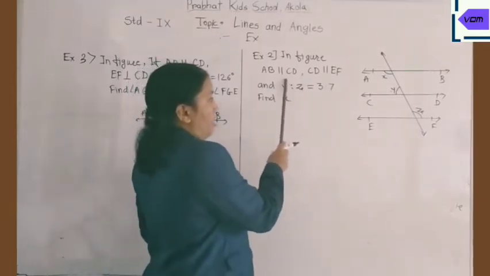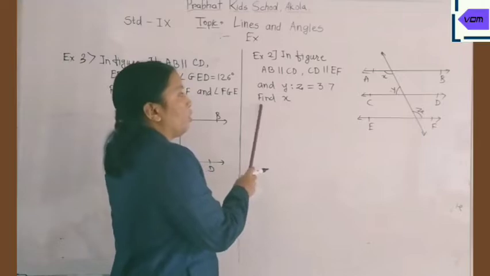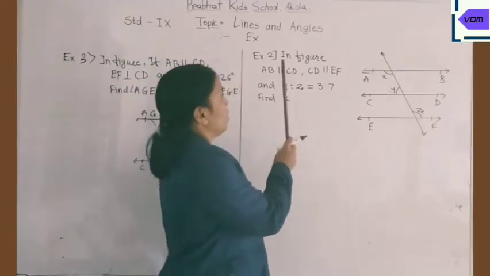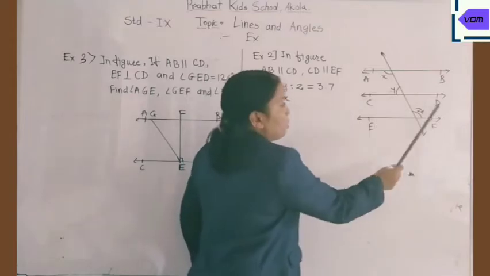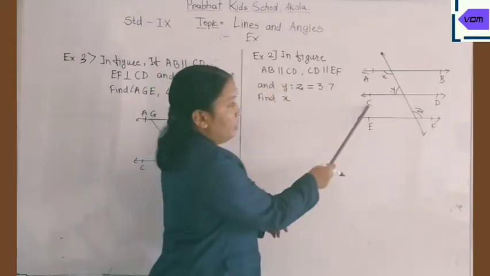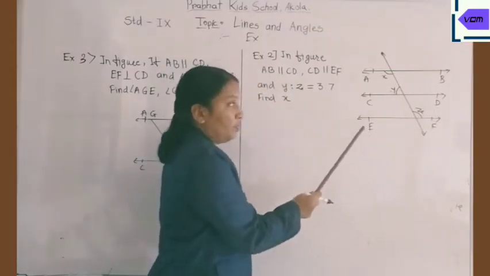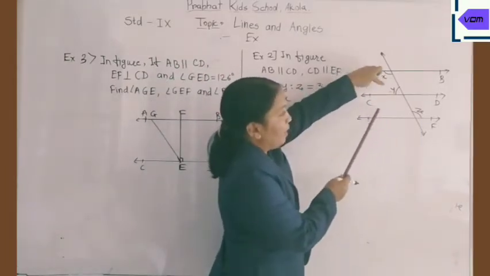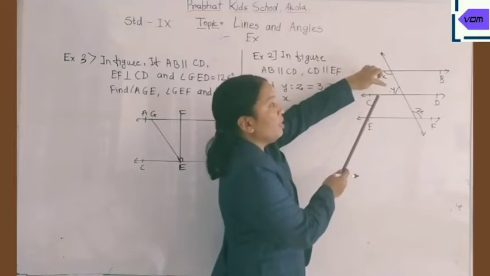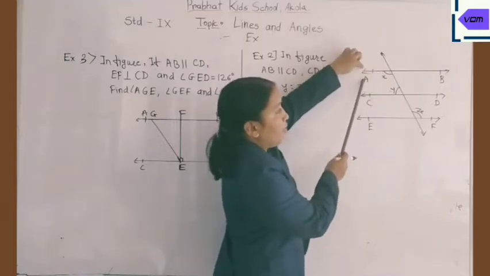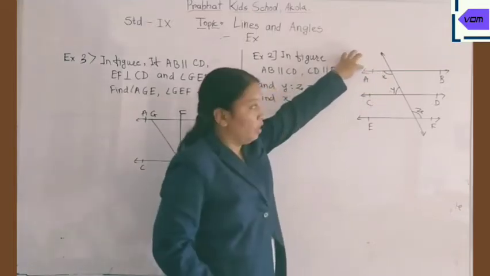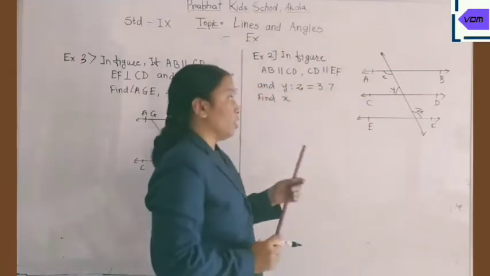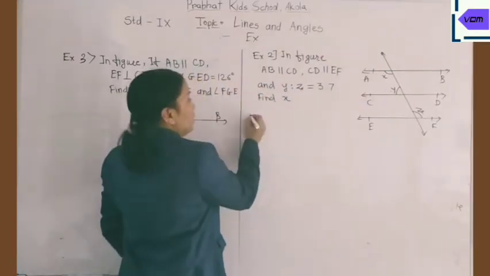The angle ratio is given to you, and you want to find X. Now what is given? AB is parallel to CD, CD is parallel to EF. That means as AB and EF are parallel to the same line CD, AB is also parallel to EF. These three lines are parallel to each other. Just now we have seen that theorem.